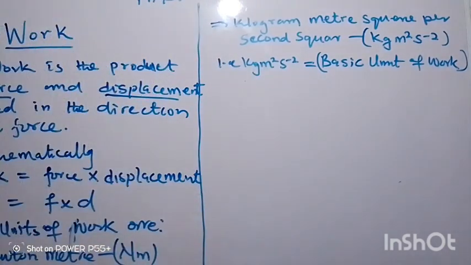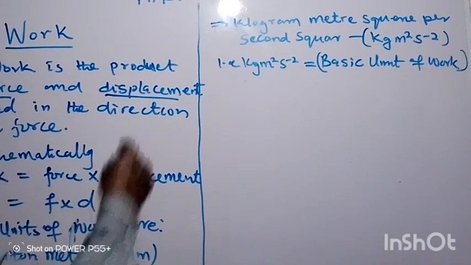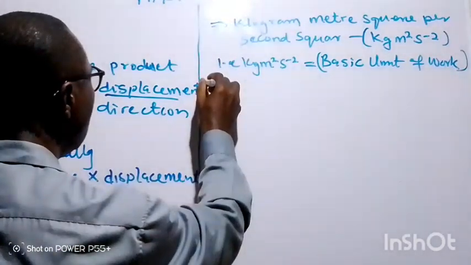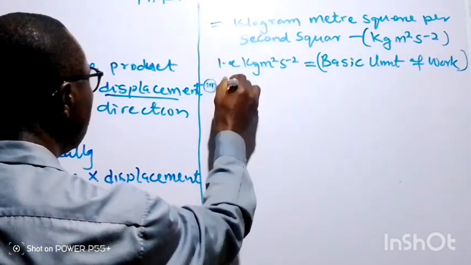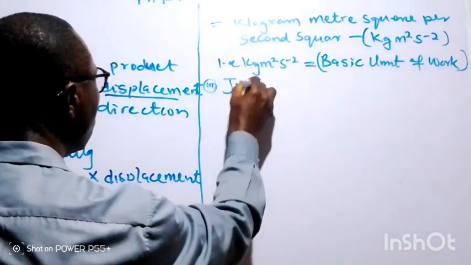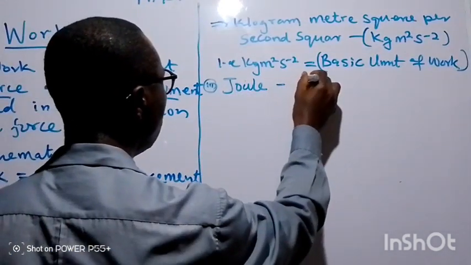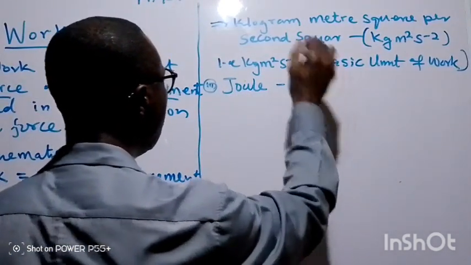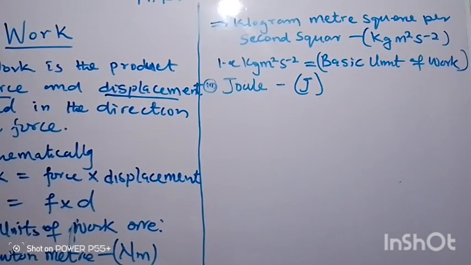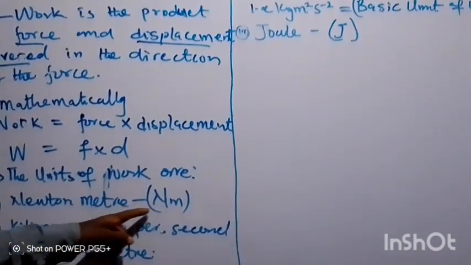So since all those units are from fundamental quantities, we have this one as the basic unit of work. Then the last unit of work, which is number 3, is joule. Symbol is capital J. So these are the 3 units of work. As I said, the first one from the formula is Newton meter.